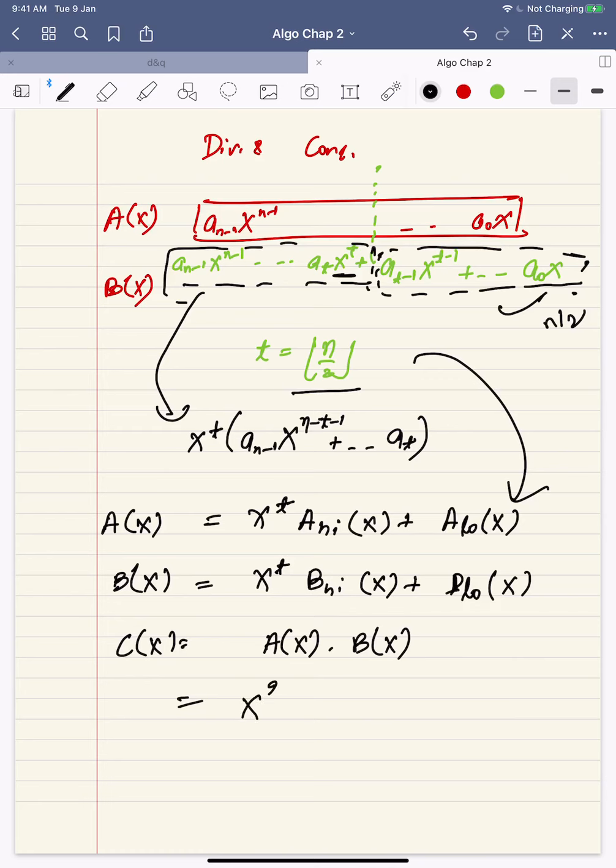So I have x^{2t} a_hi b_hi plus x^t (a_lo b_hi plus a_hi b_lo) and a_lo b_lo. Okay, these are the things c(x) will have. Fine.